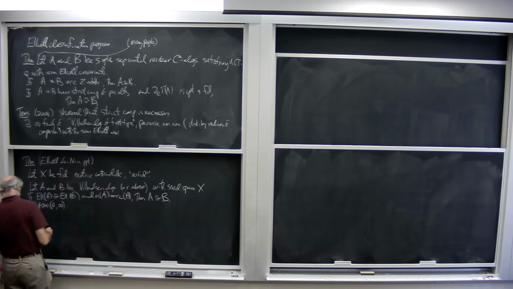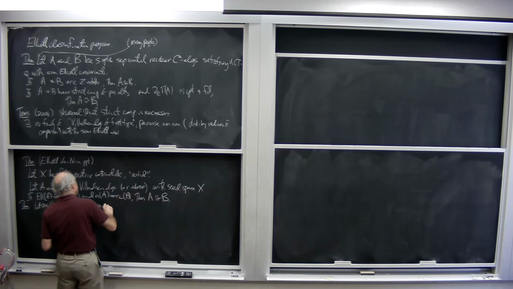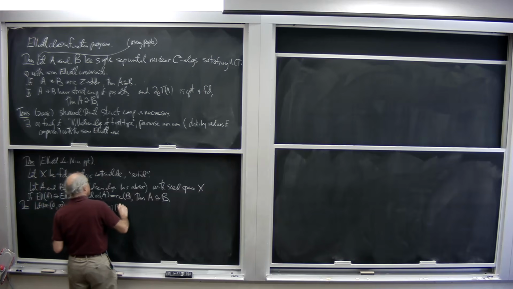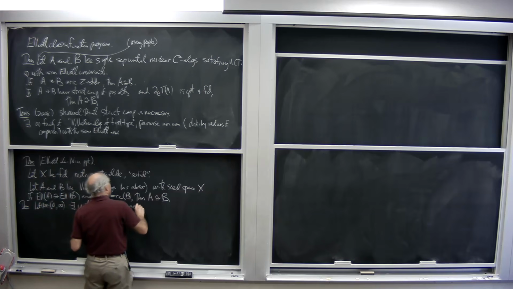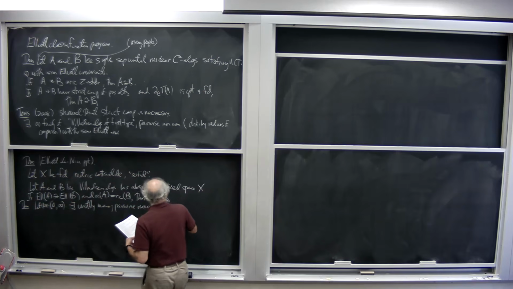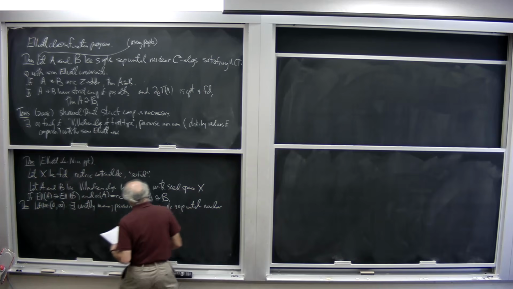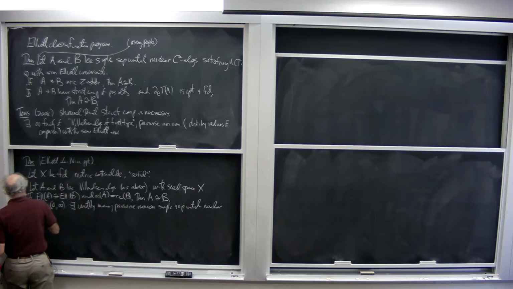So here's our theorem. There exist uncountably many pairwise non-isomorphic simple, separable, unital, nuclear C-star algebras. Well, this is redundant because I'm going to say in fact, AH-algebras.